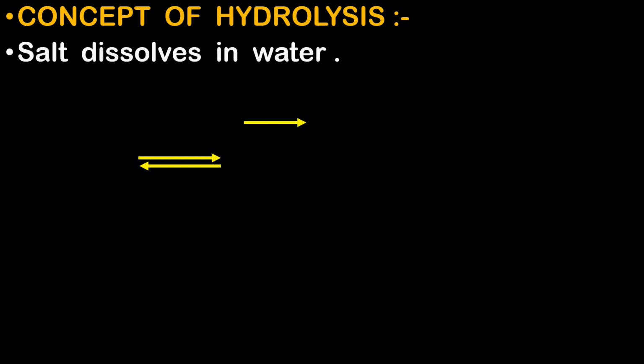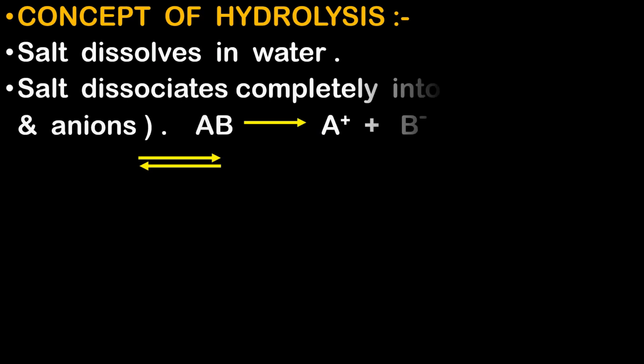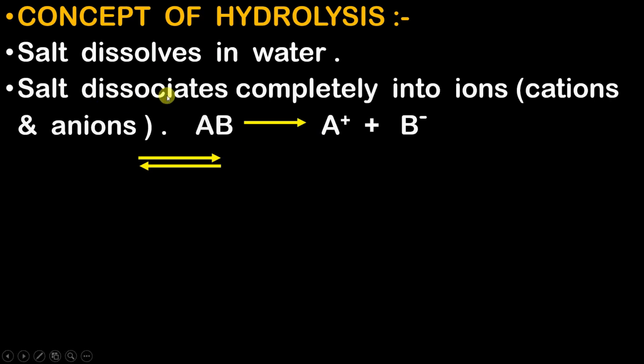This salt that we have got dissolves in water, and when it dissolves in water, the salt dissociates completely into its ions, that are nothing but cations and anions. What is the meaning of this? Let's say we have a salt named AB. This salt AB is going to get dissociated into a positive ion and a negative ion.